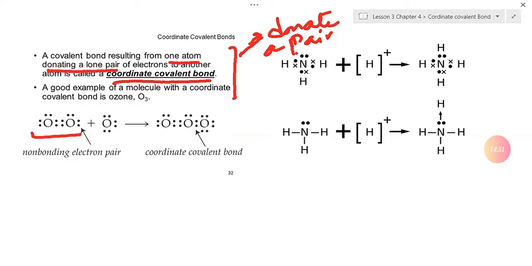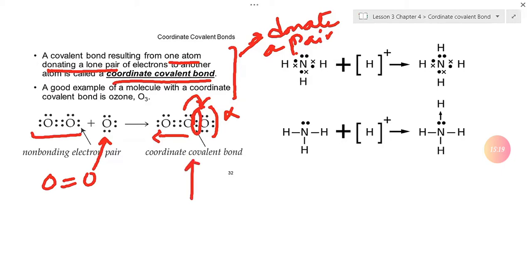One example is the formation of the O3 molecule. This formation takes place when an O2 molecule adds up another oxygen. O2 we have previously discussed. So the O2 adds up another oxygen: one of the oxygens donates its lone pair to the third oxygen, and as a result they form a coordinate covalent bond.